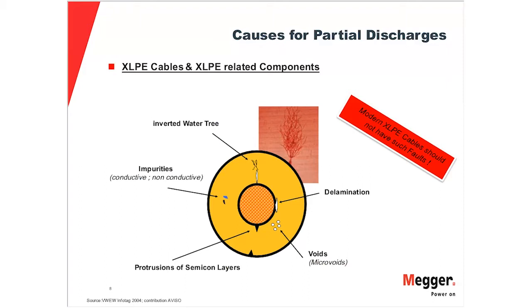Again, more causes for partial discharge, this time now instead of PILC cable, all related to XLPE cable or their accessories. So you see here we have the very well-known water treeing problem. Water trees are not able to be detected by partial discharge. Fact is, because it's not conductive, therefore it cannot be measured with electrical measurements such as partial discharge.